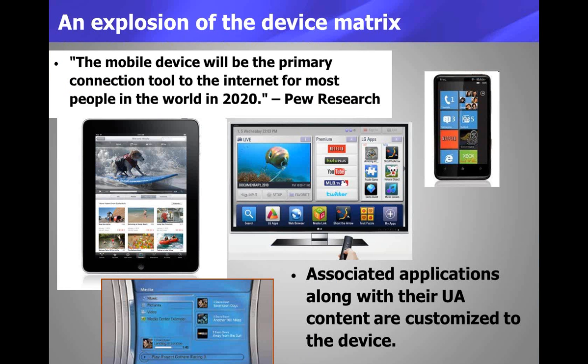Now, one of the biggest things that has emerged over the past 5 years is what I call the explosion of the device matrix, where there are just so many mobile devices. If we're kind of buried just in the desktop environment for our work, it's hard to see that coming as much.